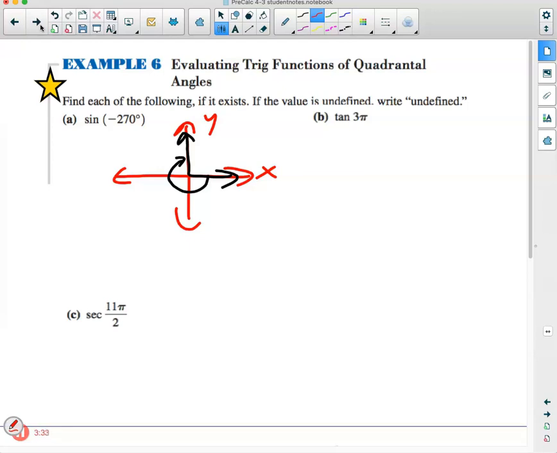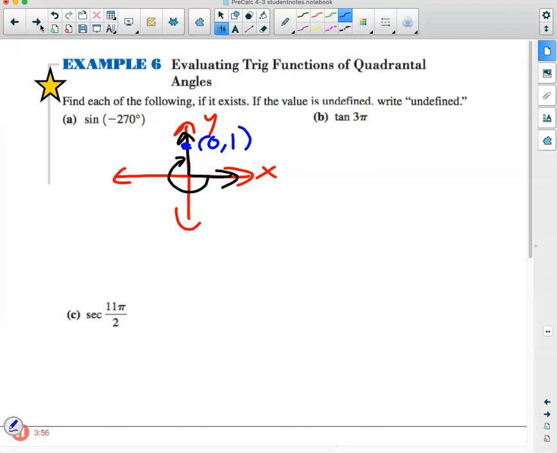You know what? I think I'm going to pick 0, 1. I think that would be really nice. And the unit circle, in fact, has a radius of 1. So if we were to draw a circle that had 0, 1 as one of its points, we would have the unit circle on there.